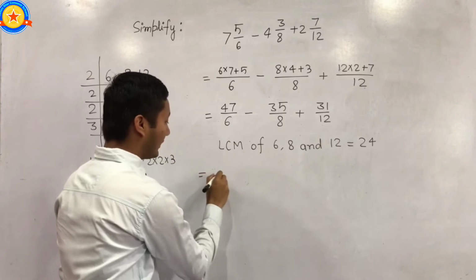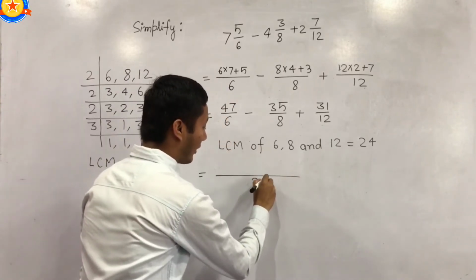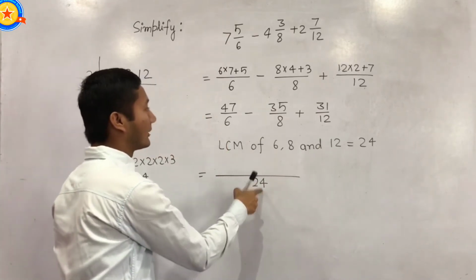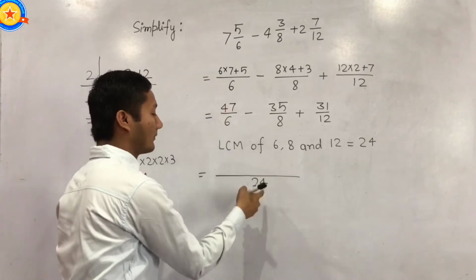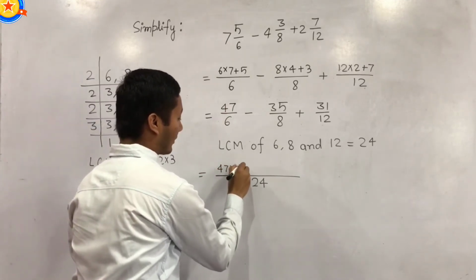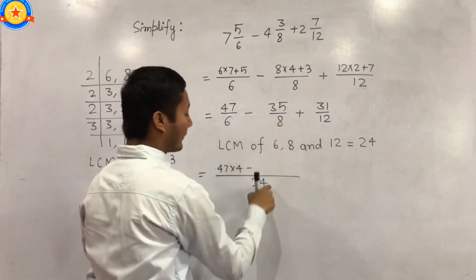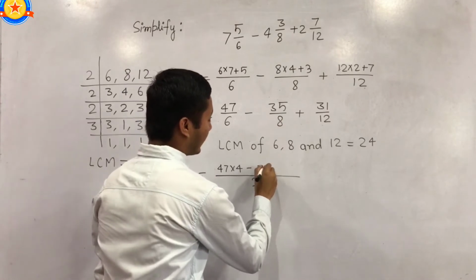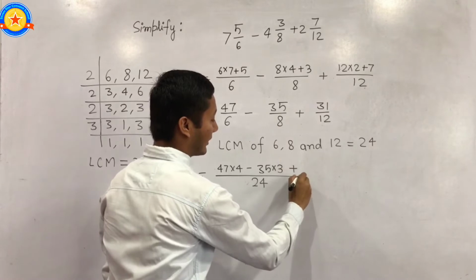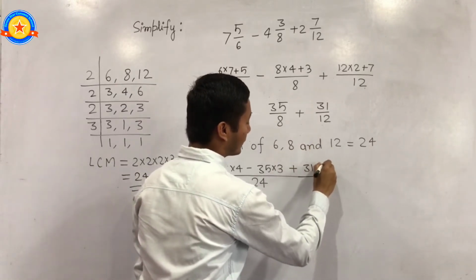Now from here we write the fractions with the LCM in combined form. 6 fours are 24, that's why we have to multiply 47 by 4. It becomes 47 into 4 minus, 8 threes are 24, that means 35 into 3, plus 12 twos are 24, that means 31 into 2.